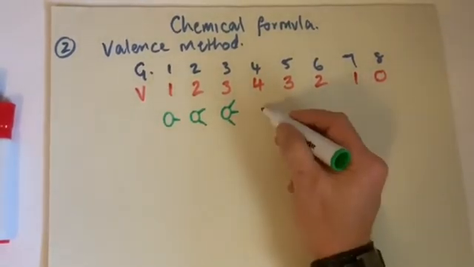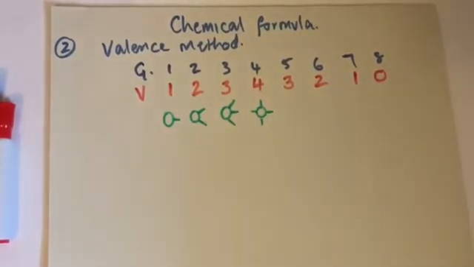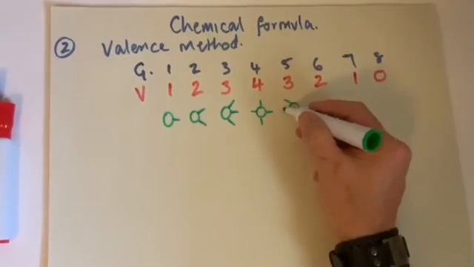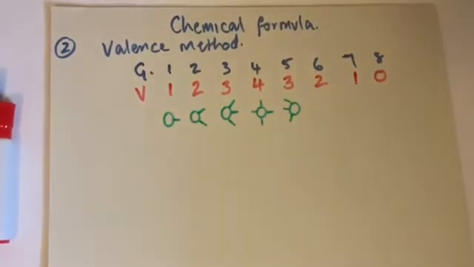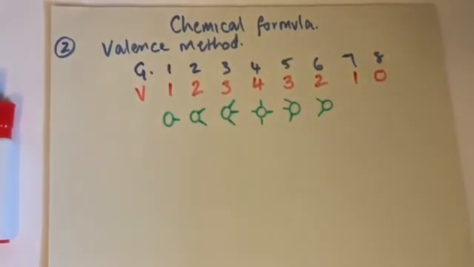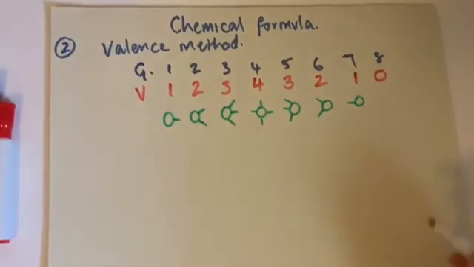Group 4, 4 arms. And likewise, if it's in group 5, it can make 3 bonds. Group 6, 2, group 7, 1, group 8, none.